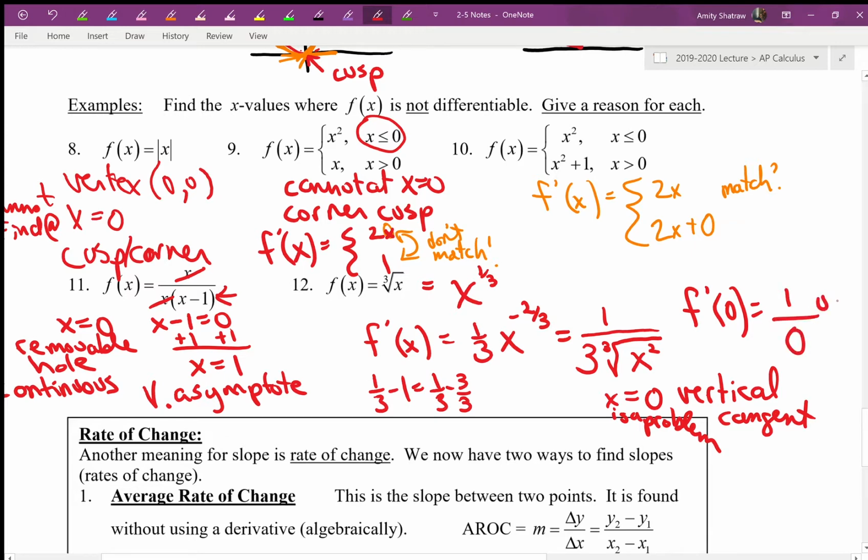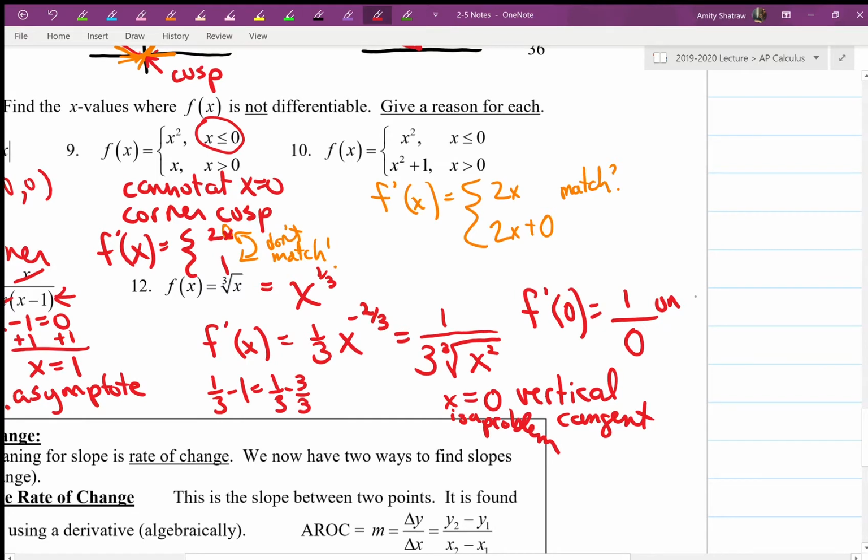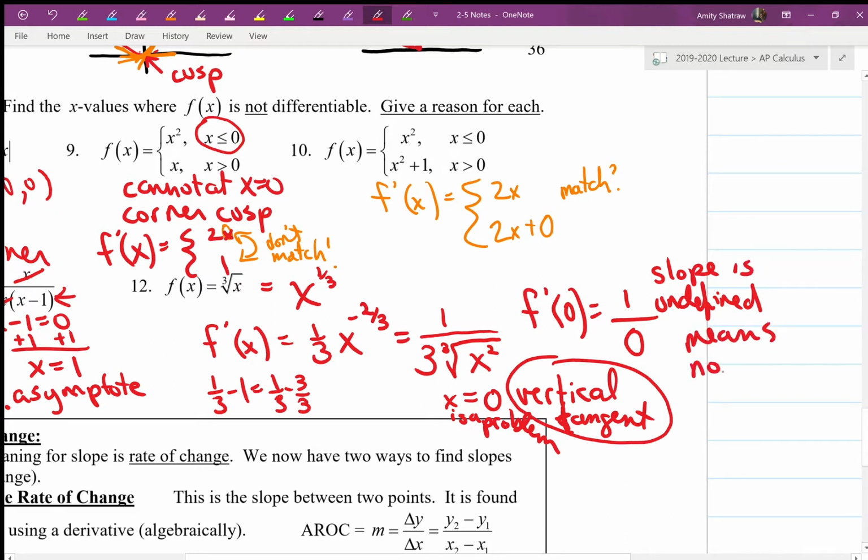And this is called undefined. If I am trying to divide by 0, there must be a vertical tangent. Why do I say that there's a vertical tangent? Because vertical tangents have undefined slopes. So the slope is undefined, which means no derivative.